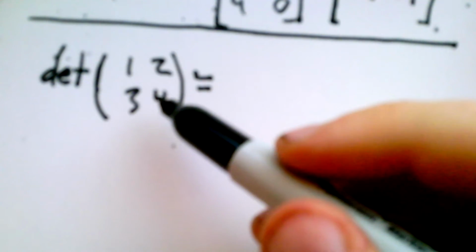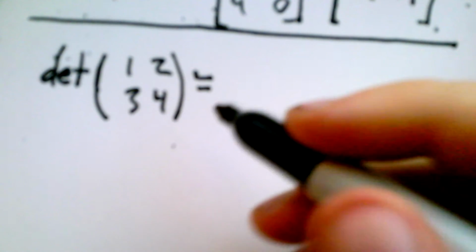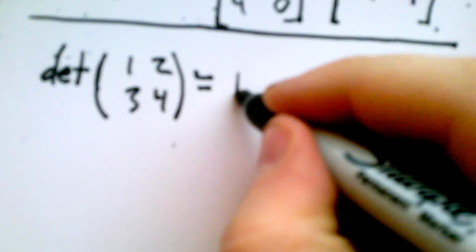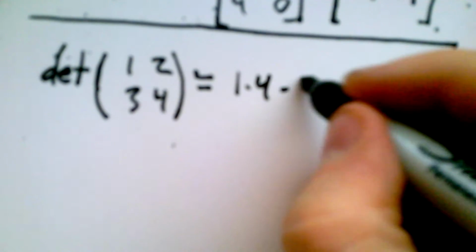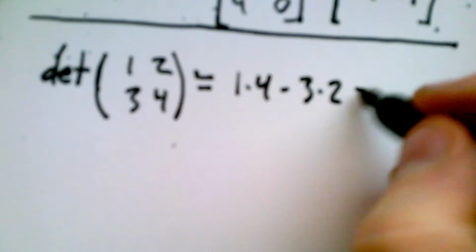So we take the diagonal entries, 1 and 4, and multiply them together. We take the anti-diagonal entries, 2 and 3, multiply those together, and take the difference of the two. So 1 times 4 minus 3 times 2, that will be negative 2.